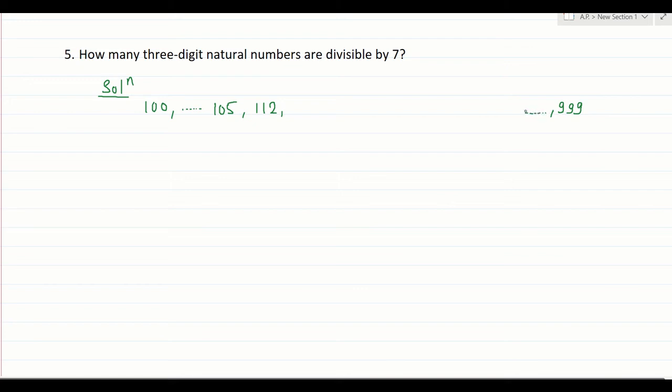Can you guess? You can calculate and you will find that the last number is 994. Isn't this? Okay.